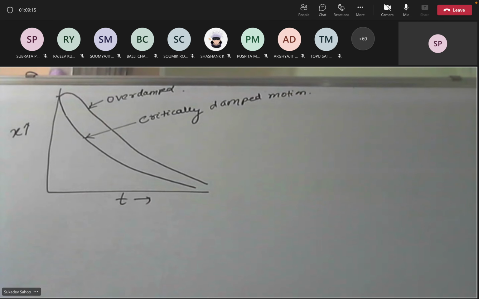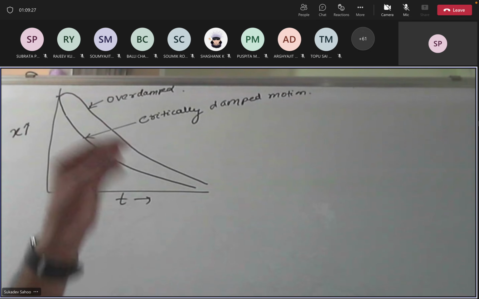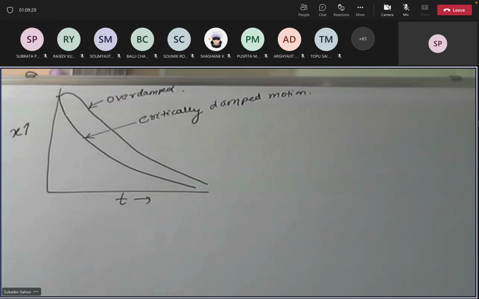Sir, then why is critically damped motion called just aperiodic? It is even steeper. Since it decreases exponentially with one constant there, basically the time taken by the oscillator to return to its initial state depends upon gamma, and e to the power minus gamma t by 2.